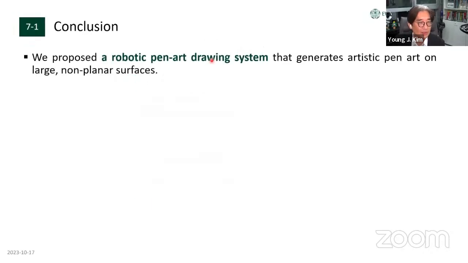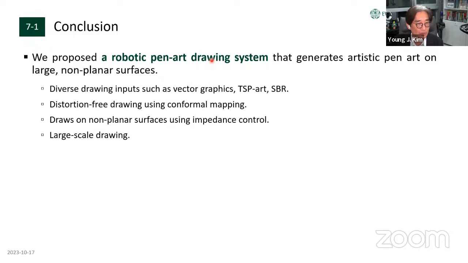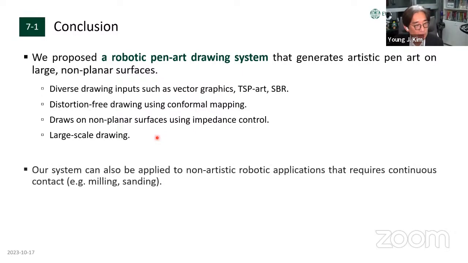So I presented our recent robotic pen art drawing system that can generate artistic pen art on large non-planar surfaces using different types of inputs, and also distortion-free mapping to nicely preserve the inputs on the final drawing, and also uses impedance control to compensate for the uncertainties in the canvas. Also we use coverage planning for large scale drawings.